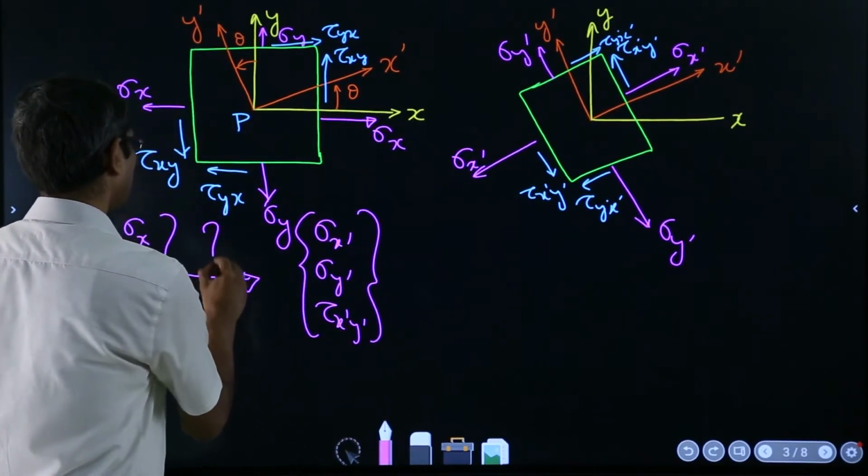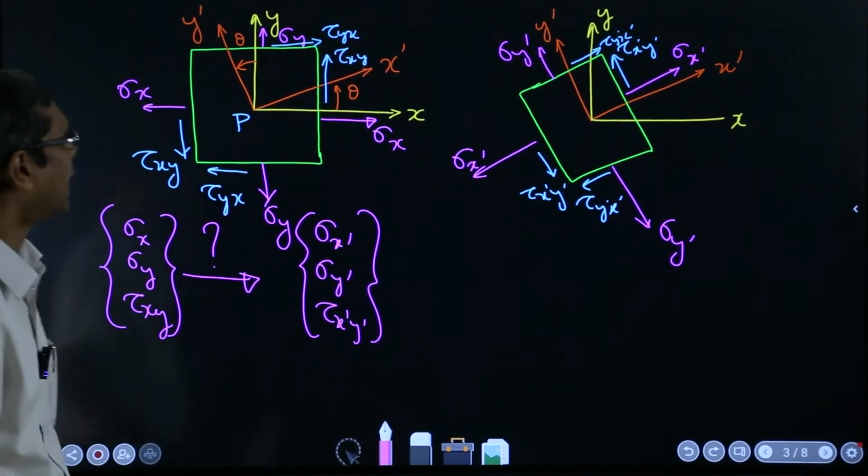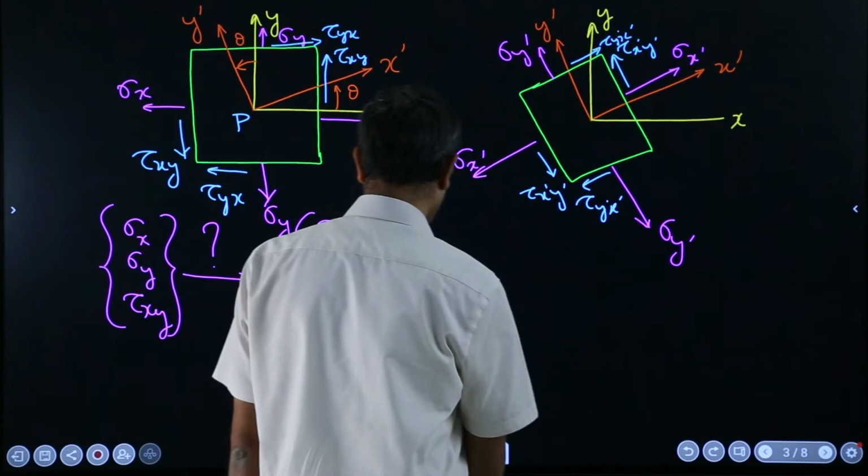So, this is the transformation rule that we are looking for.